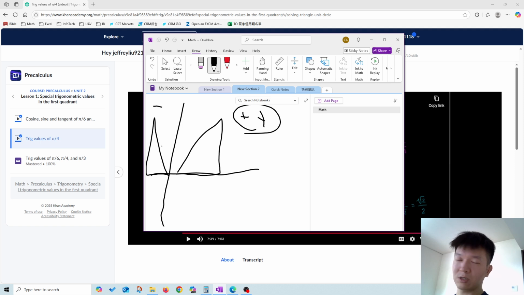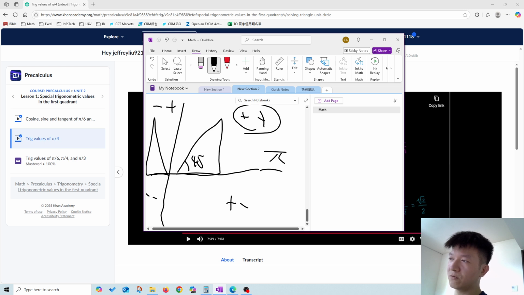So for instance, the second quadrant is negative and positive, right? So you're gonna figure that one out. This is negative, of course, and this is what? Positive and negative, right? And so you have your 45 degrees here because it's pi over 4, right?